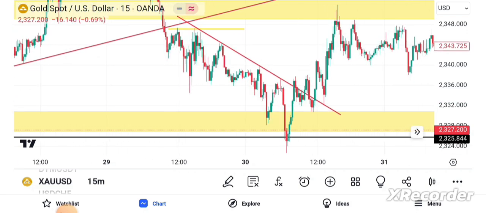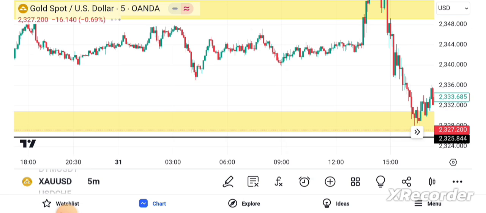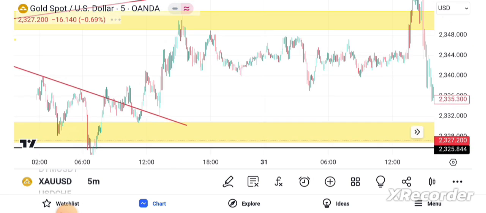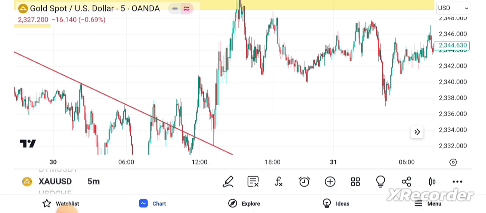So I would have waited for price to break. So I would have entered this trade at the retest of this trend line. See how gold moves at the retest of this trend line.